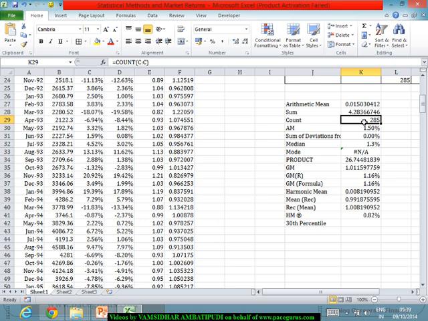Because I have 285, my 30th percentile position will be (285 plus 1) times 30 by 100. So actually I require the 85.8th observation. I don't need the 85th or the 86th. In some cases this could be an integer, in some cases it could be a decimal.